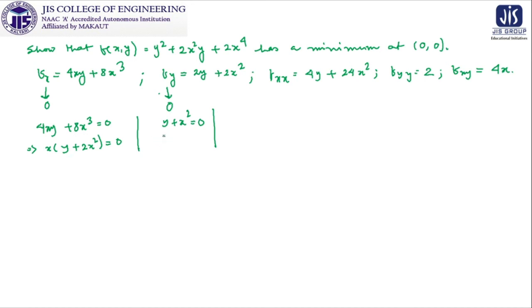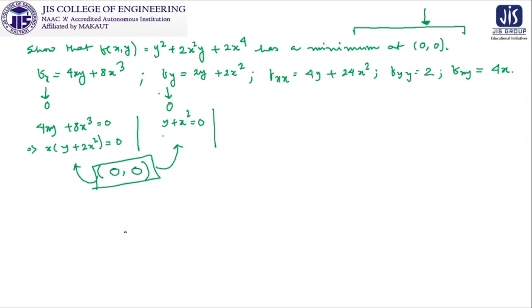So if you check, it is crystal clear that 0 0 is one point which will satisfy this one as well as which will satisfy this one, and if so, then 0 0 will be a critical point. It is not our target to show all critical points. Our target is to show that 0 0 is a critical point and which gives you the minimum value.